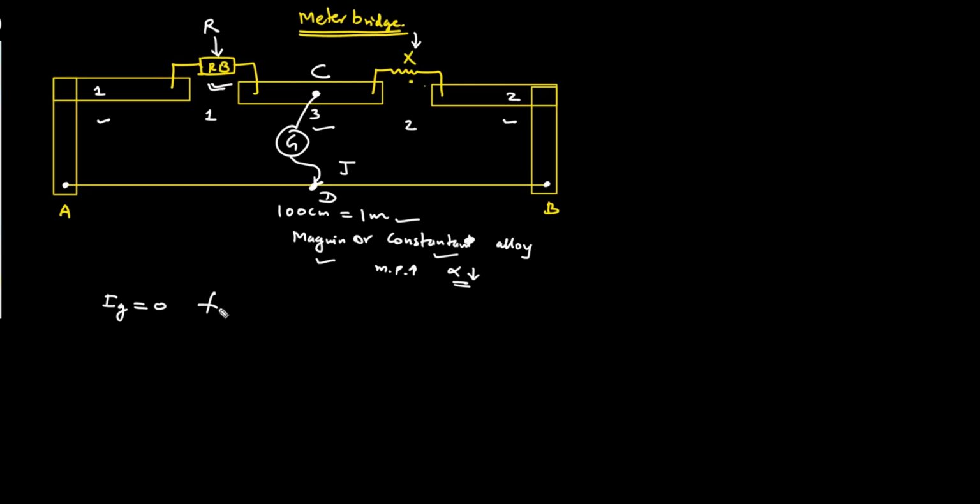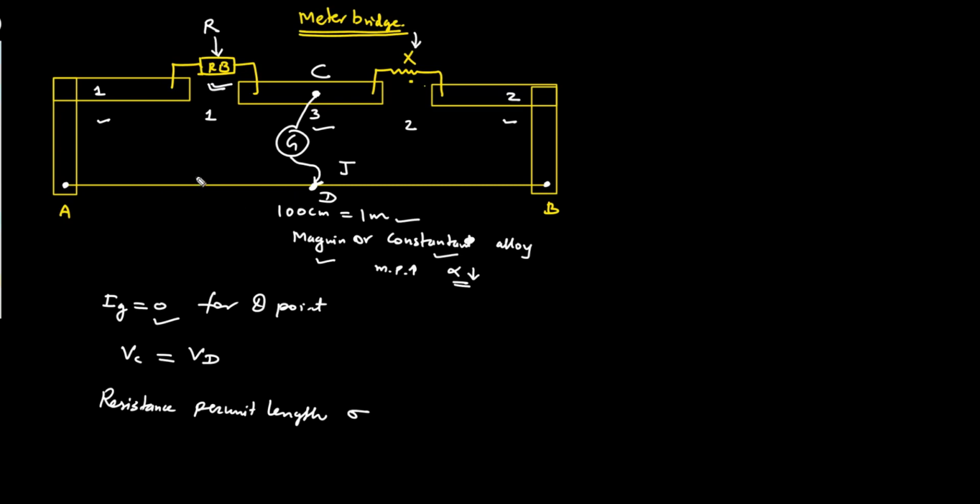For D point, current in galvanometer is 0. It means simply potential of C is equal to potential of point D. So in this case the bridge is balanced, this meter bridge is balanced. Now resistance per unit length, I am taking sigma.